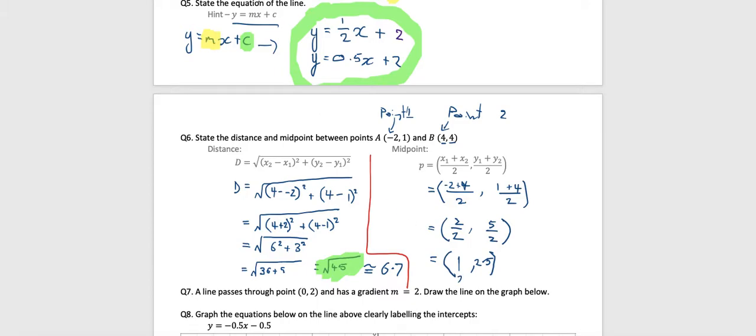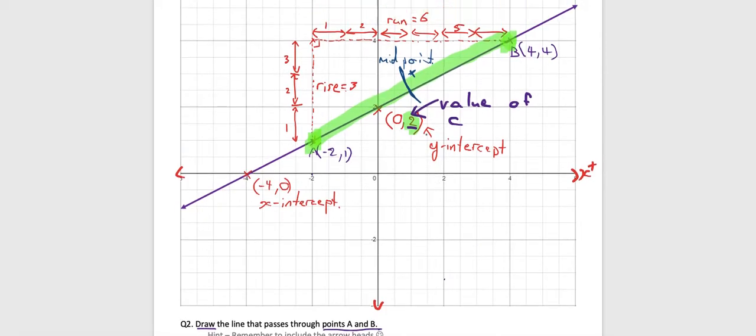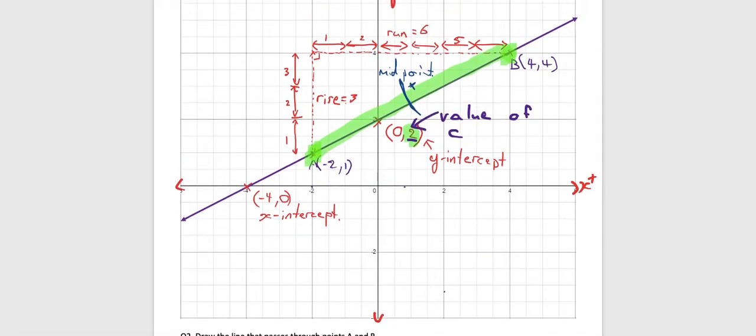So going back up, we want to look for x. So x equals 1, and the y value. There we go, that's neater. So x equals 1, y equals 2.5. Let's go back up, and we'll go x equals 1, so here, and y equals 2.5.